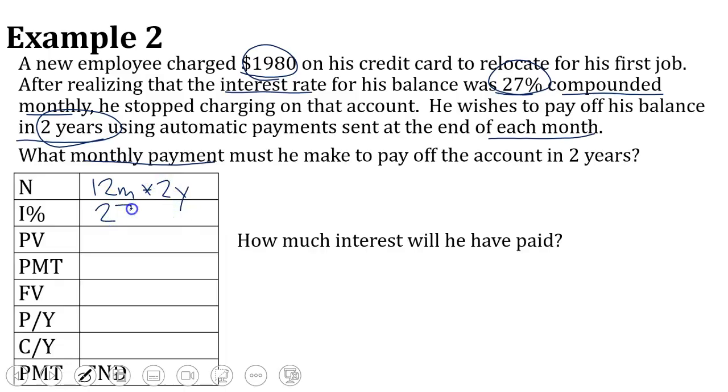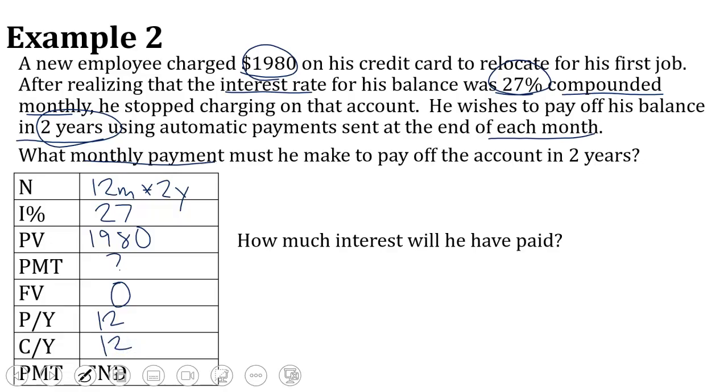Our interest is 27%. Our present value is that $1,980. We don't know the payment. Our future value, we want to pay this off, so it's $0. And we pay every single month, and it's compounded every single month.